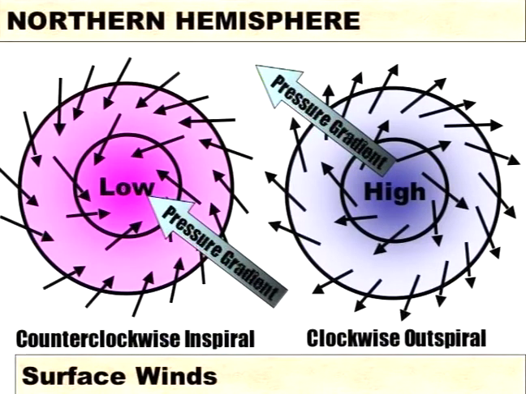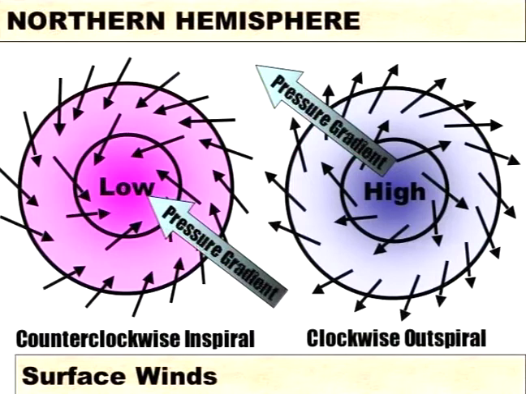Into the low, sorry, it will be anti-clockwise. Yes, the arrows are going in that direction. So in the northern hemisphere, air will spiral into the low in an anti-clockwise or counterclockwise direction, and out of the high pressure, air will spiral in a clockwise direction in the northern hemisphere.